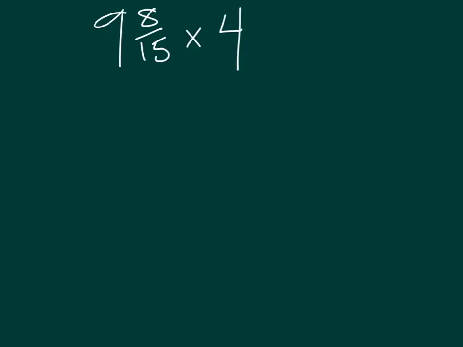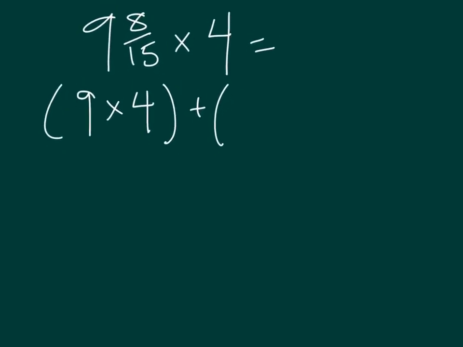What you can do is the area model, multiplying 9 times 4 and adding that to 8/15 times 4. So we're splitting up the 9 and the 8/15 and multiplying each by 4. I'm going to have you pause the video and figure out what the area of the 4 rectangular quilt patches would be. Play the video again if you would like to check your answer.